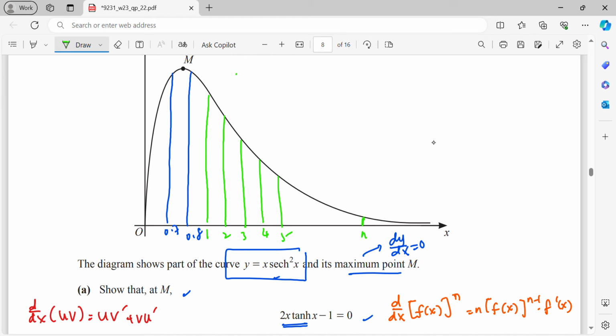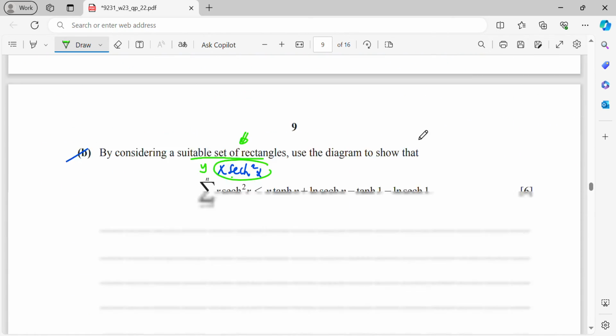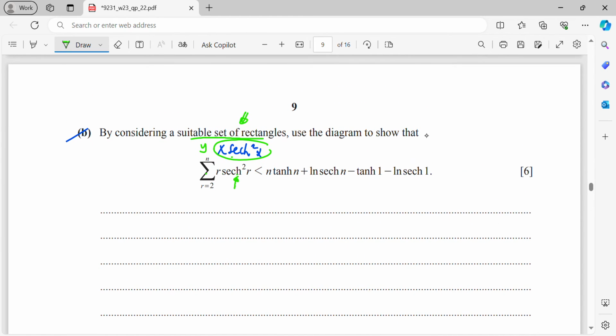This part is the y value, so I say this is the summation of y values. But when we need to link it to the graph and show this is less than this, I'm referring to the area.